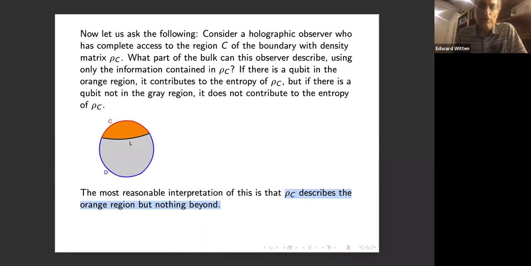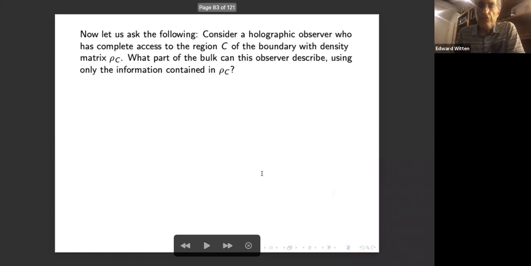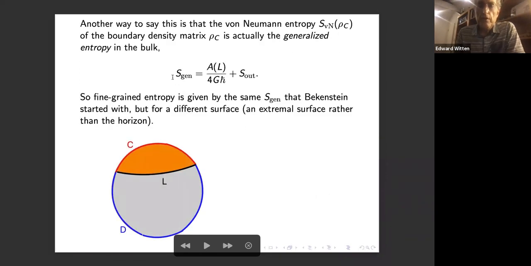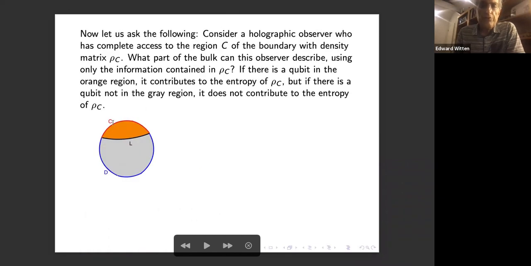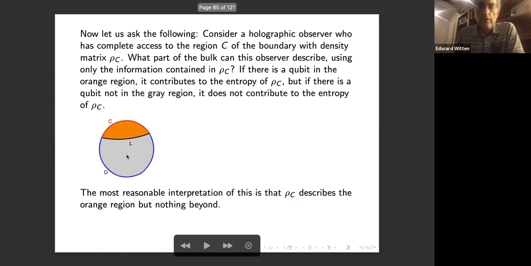I'm only going to be able to tell you one or two things. But the conclusion is that the generalized entropy formula suggested that rho sub C, the density matrix of the boundary region C, is describing what's in the orange region and not what's in the gray region. And that's what's understood today to be the correct interpretation.